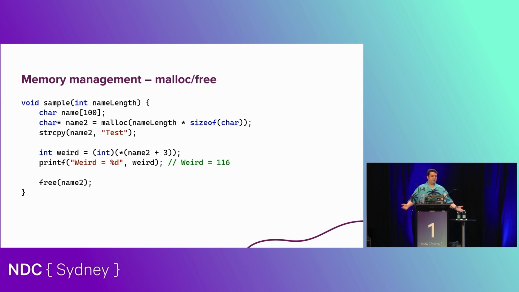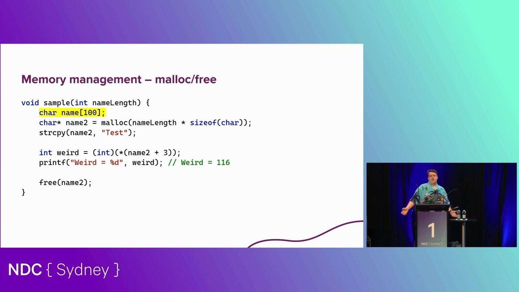Just as in C#, you can still create an array. You can say, hey, I want a name that can be 100 characters in size. And yeah, that works. If you know during writing of the code that you're only going to need 100 characters, it works just fine.